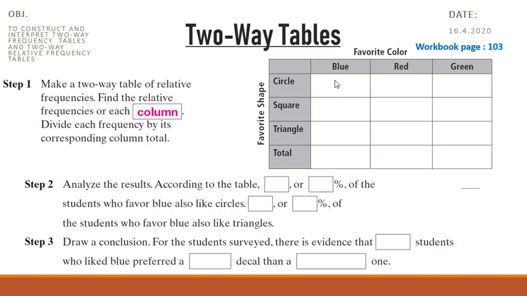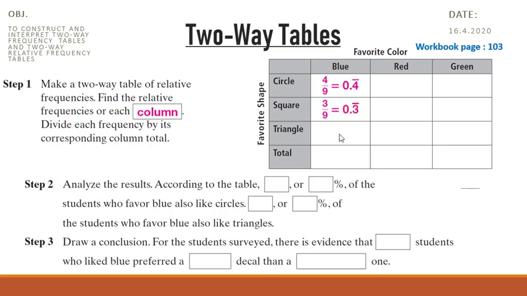Okay, we need to compare the relative frequency of circle and triangle for blue. So find the ratio. 4 divided by 9 is 0.4, a repeating decimal of course, 0.444 and so on.